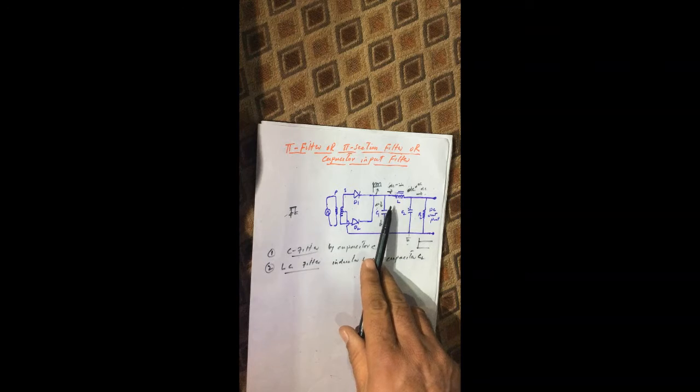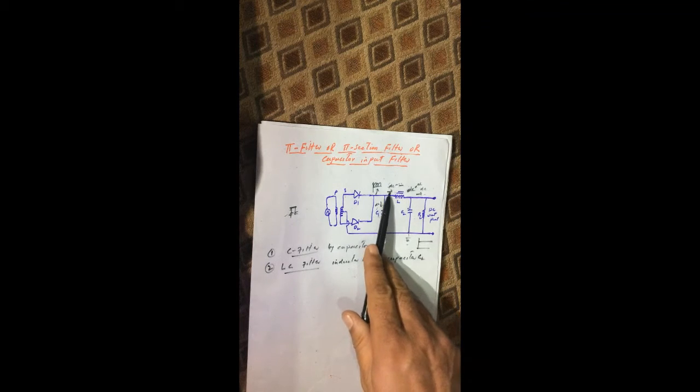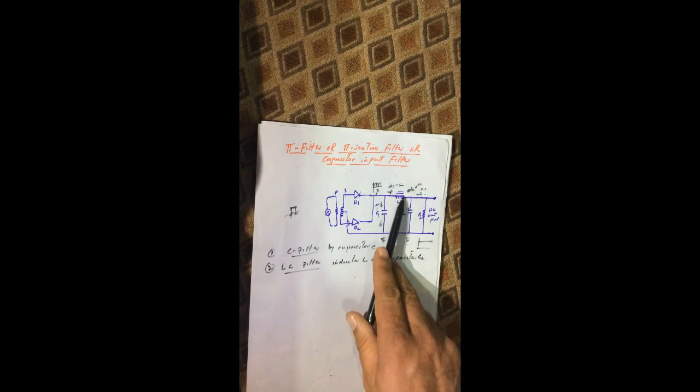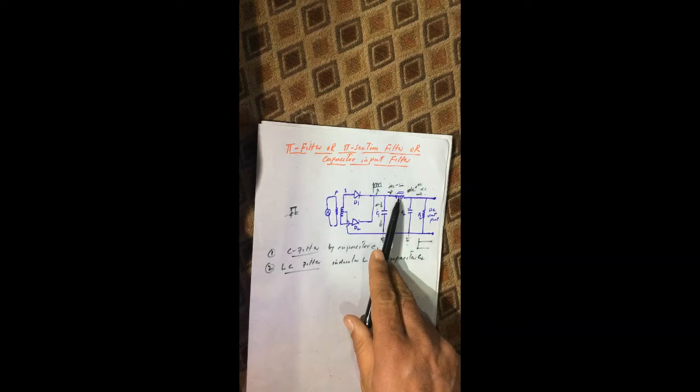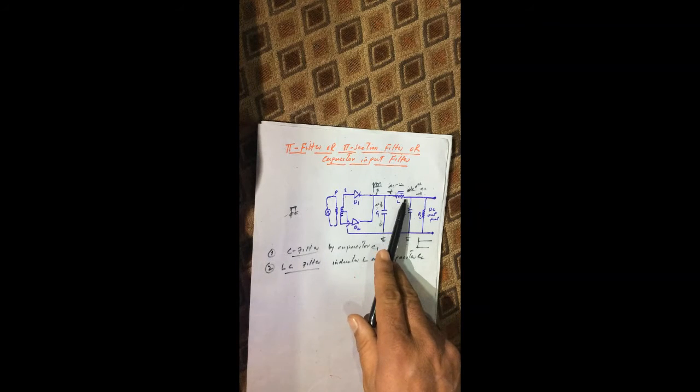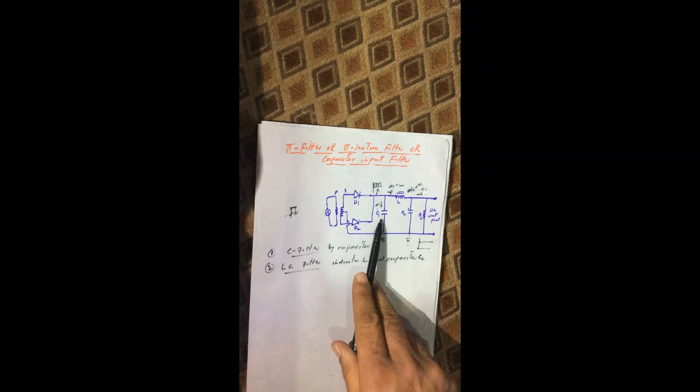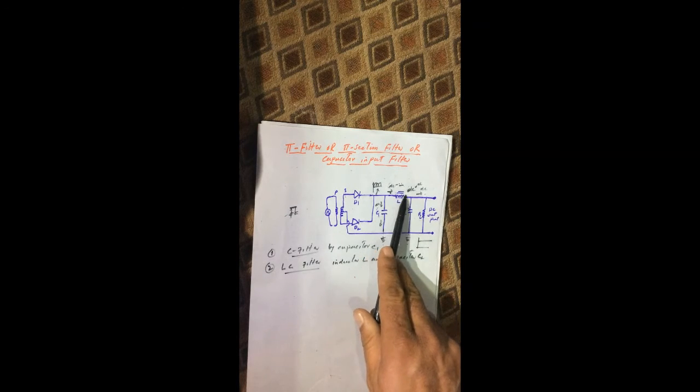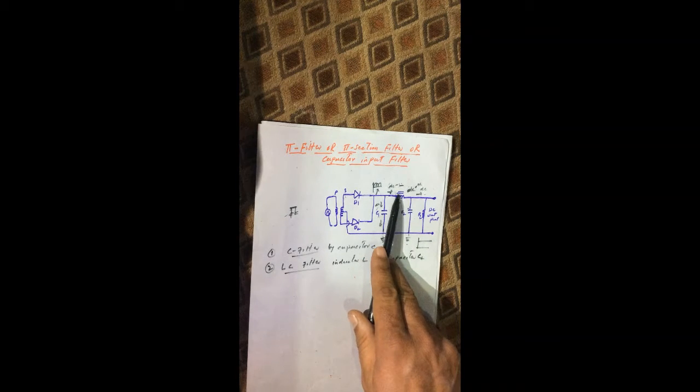Now the DC component which was blocked by capacitor C1 is passed through the inductor L, and will easily pass through the inductor because inductor allows DC and blocks AC. But the small AC component which was not filtered by capacitor C1 will be blocked by this inductor.